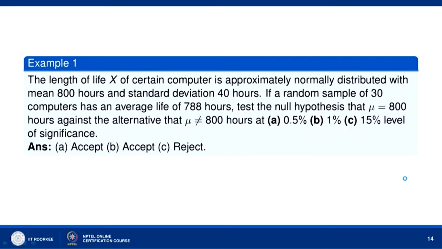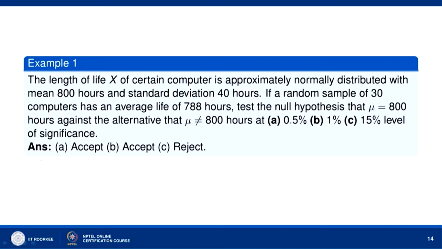Now, let us consider that the length of life x of a certain computer is approximately normally distributed with mean 800 hours and standard deviation 40 hours. If a random sample of 30 computers has an average life of 788 hours, test the null hypothesis that mu is equal to 800 hours.